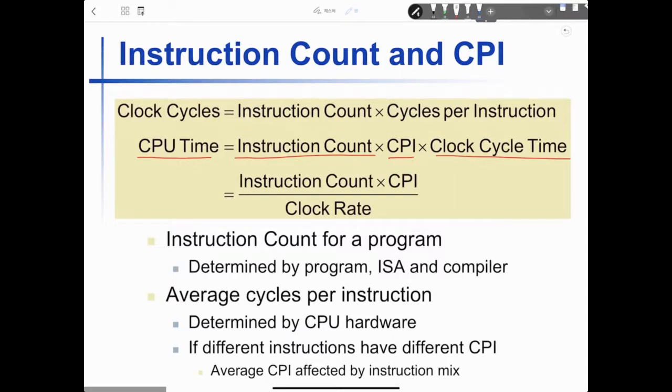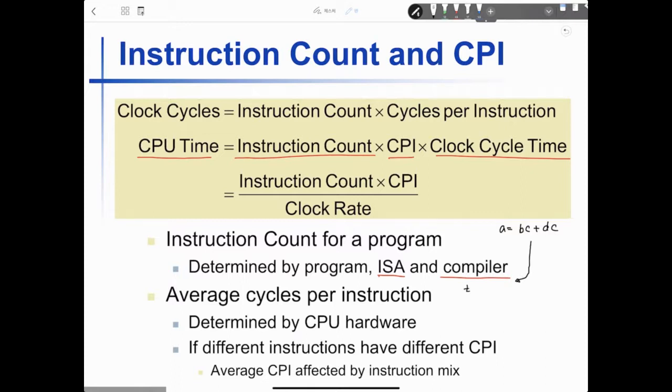Number of instructions depends on the instruction set architecture or the compiler. For instance, we are writing a C program like A equal B times C plus D times C. In that case, we can generate a program like this.